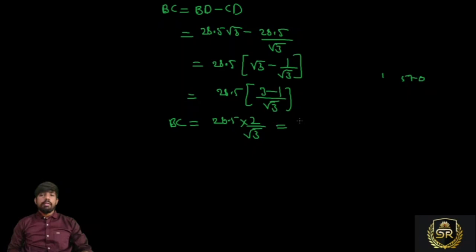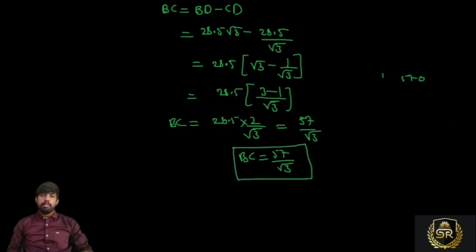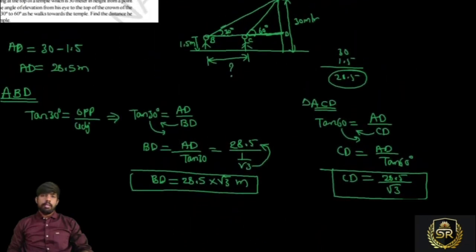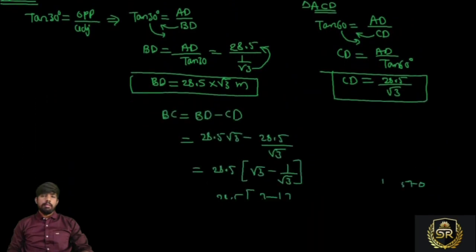Therefore, 2 into 28.5 is 57, so BC is equal to 57 by root 3, which is the required distance.